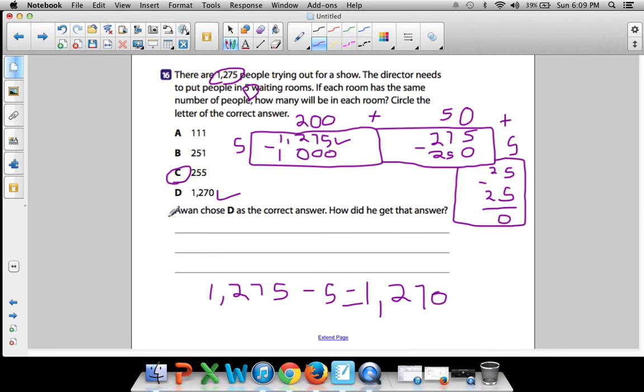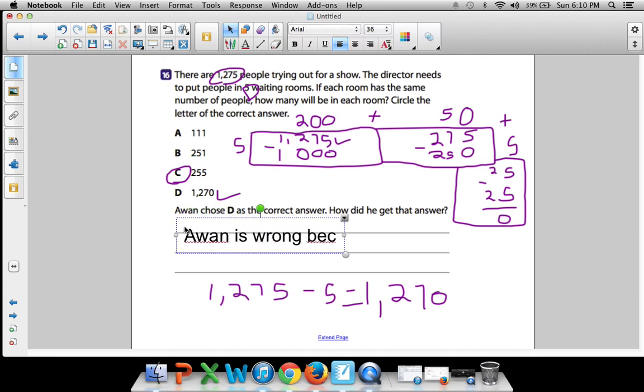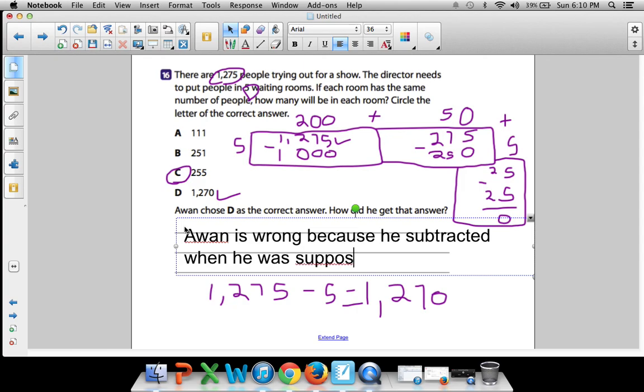No, Awan! No! That's not it at all. You didn't do any of this stuff that we did. Incorrect, Awan. You disappoint me. So instead, we got to say Awan is wrong because he subtracted when he was supposed to divide with an area model.